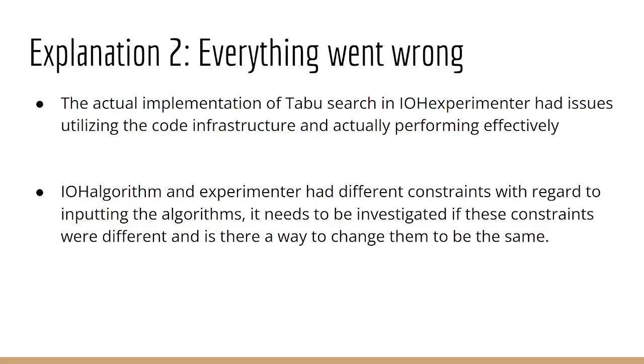Another thing is that within the iWedge algorithm and experimenter, both had different constraints with regard to the inputting of the algorithms. For the experimenter, we were allowed to input the algorithms, whereas for the iWedge algorithm, we had to input the actual dimensions and the evaluation numbers. And it needs to be investigated if these constraints were actually different between the two, and if there is a way to change them so that they can be the same.